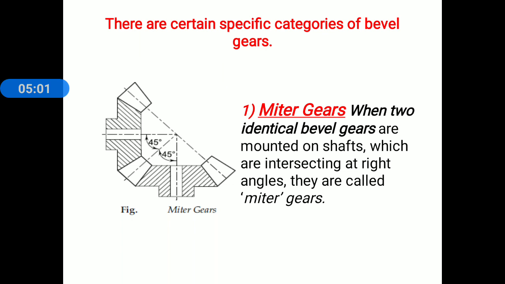First characteristic, the pitch angle of the pinion and gear of mitre gears are the same and each is equal to 45 degrees. The second characteristic, the pinion and gear of mitre gears rotate at the same speed. Remember this. Third characteristic, the pinion and gear have the same dimensions, namely addendum, dedendum, pitch circle diameter, number of teeth and module.